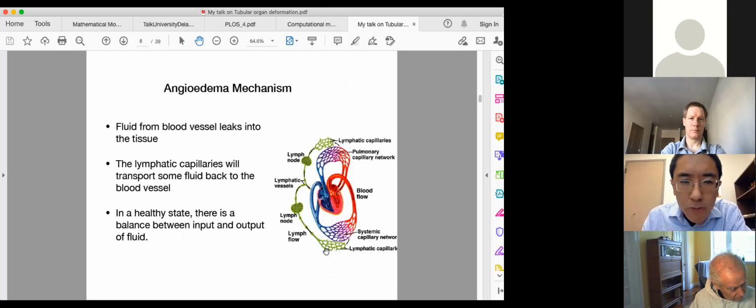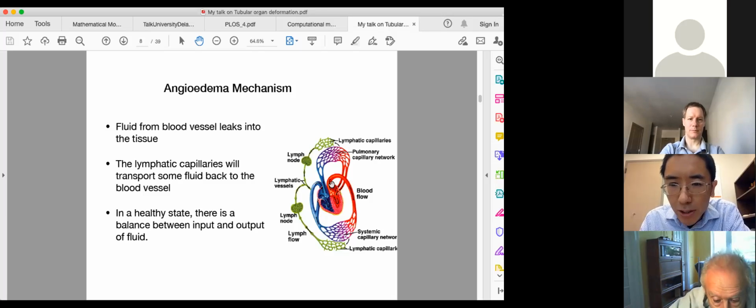The mechanism for angioedema is like this. In our body, we have blood vessels to transport blood and also water. There is also another system called the lymph system. The lymph system is not studied too much, but it's also very important.